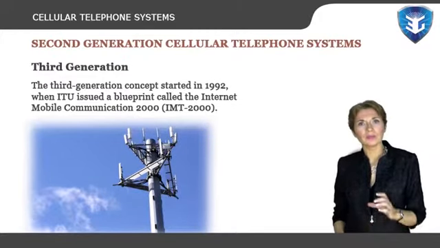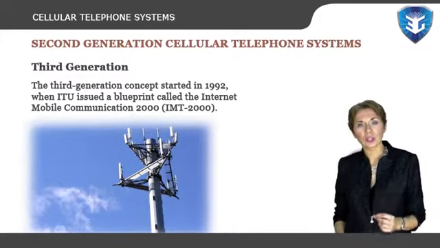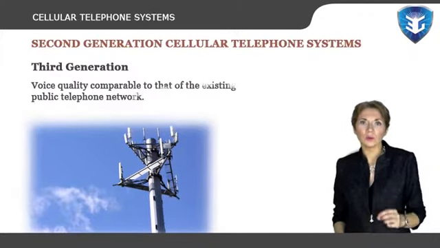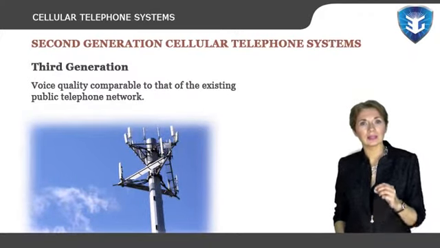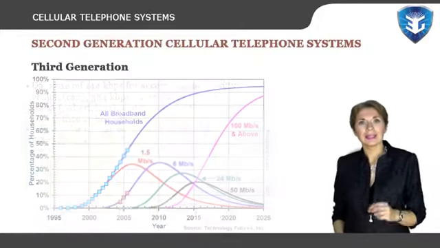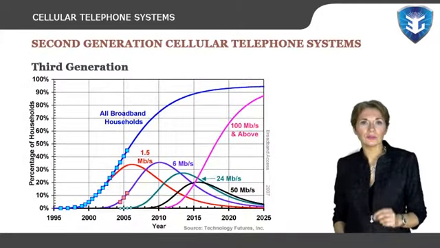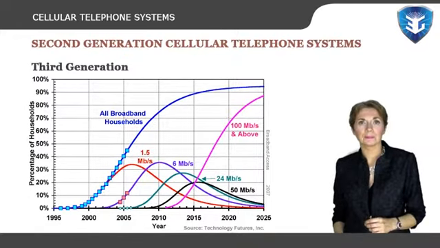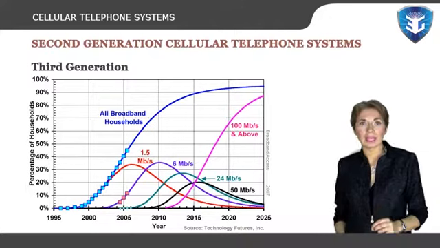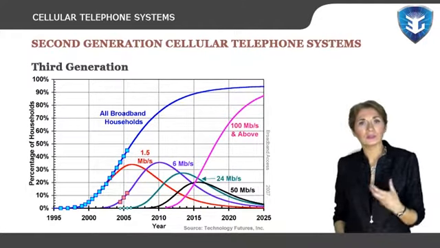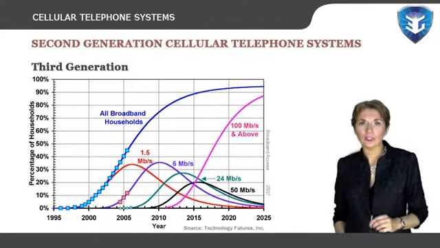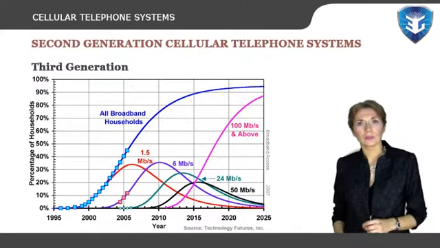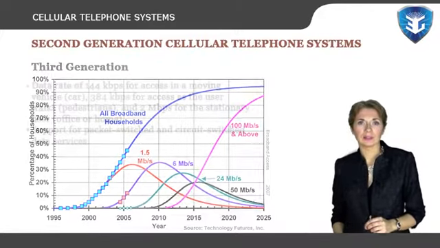The blueprint defines some criteria for third generation technology, such as voice quality comparable to that of the existing public telephone network, data rate of 144 kbps for access in a moving vehicle or car, 384 kbps for access as the user walks, pedestrian, and 2 Mbps for the stationary user, office or at home. Support for packet-switched and circuit-switched data services.